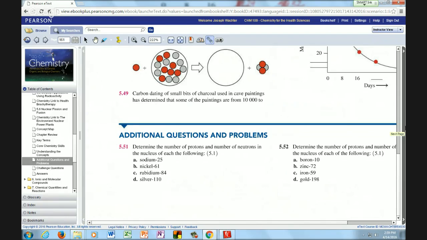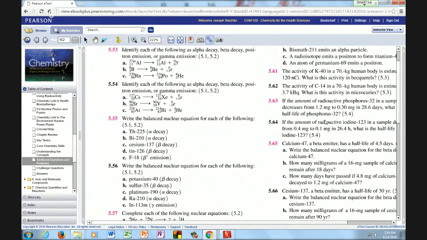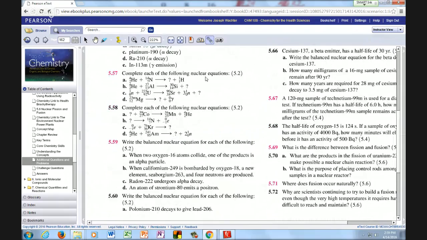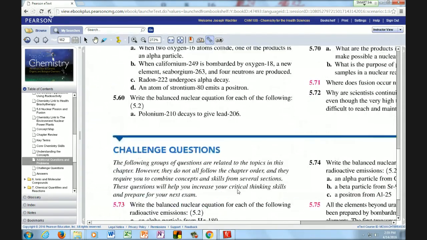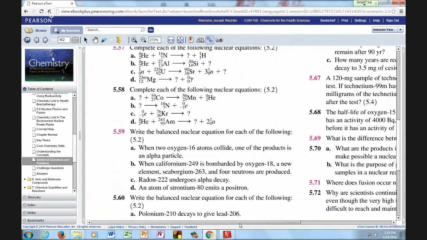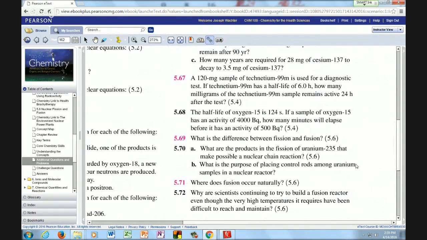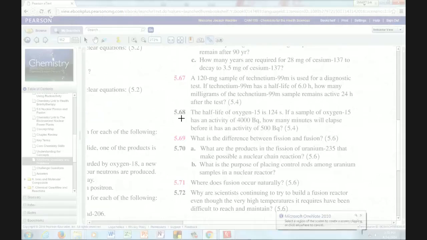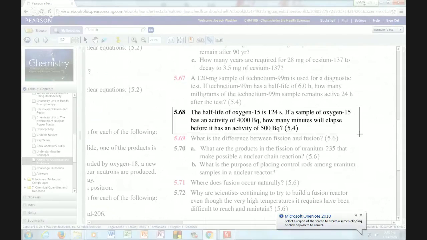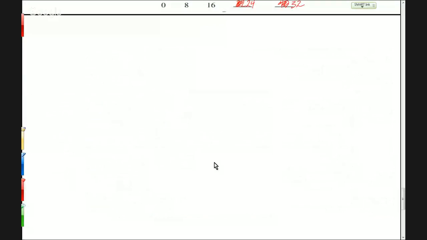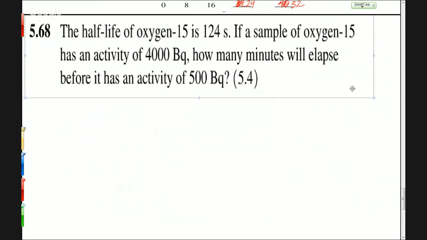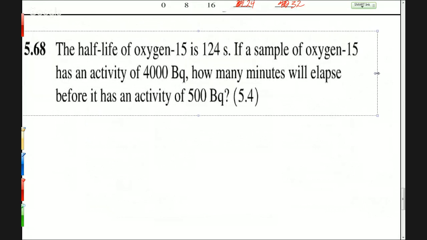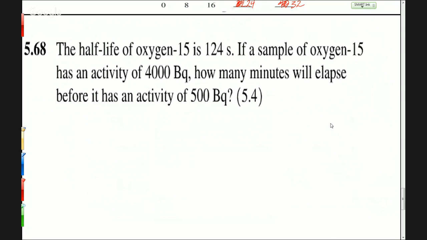All right, let's look at a couple more half-life type problems here. The half-life of oxygen-15 is 124 seconds.